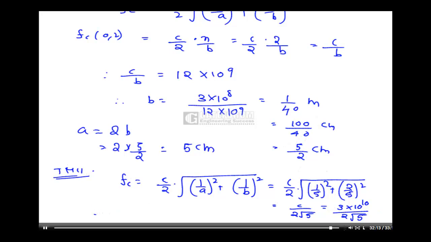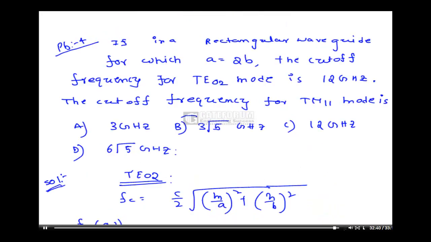If you simplify further, Fc is equal to 3 into 10 by 2 square root of 5 gigahertz, because 10 power 9 is equal to 1 gigahertz. That is equal to 3 into 5 by root 5, because of the 2 fives. So this is nothing but 3 root 5 gigahertz. So what is the answer? Option B is correct.